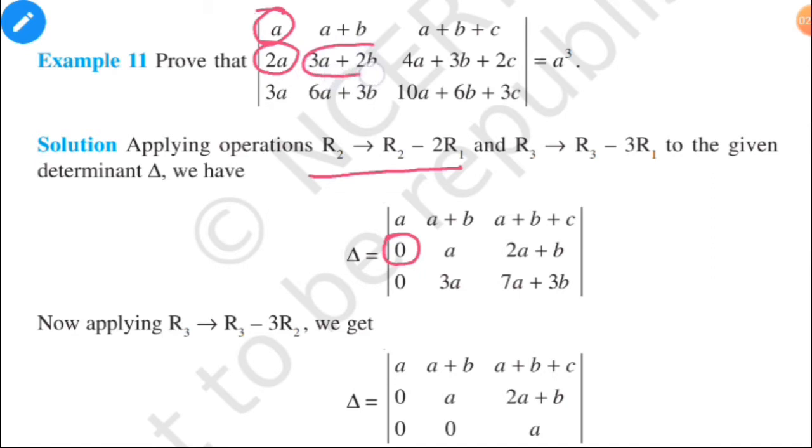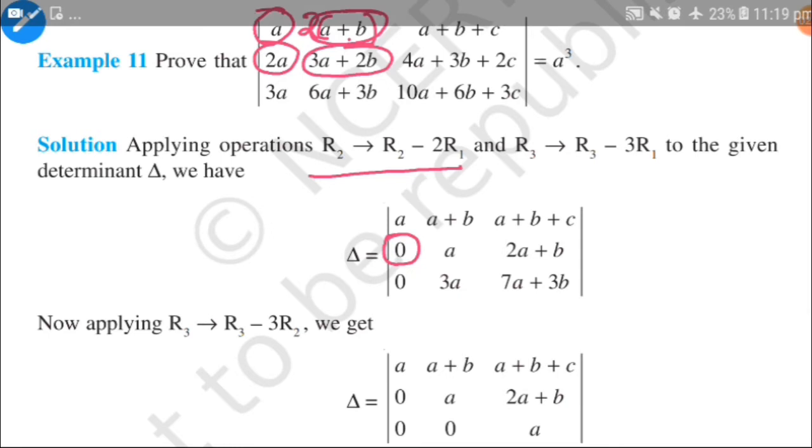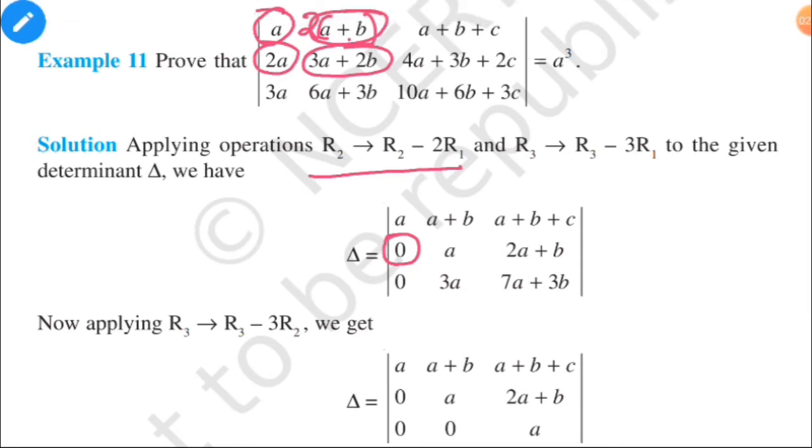Here R2 is 3a plus 2b and R1 is a plus b. So 3a plus 2b minus 2 into a plus b is equal to a. So the second element in R2 will be a.